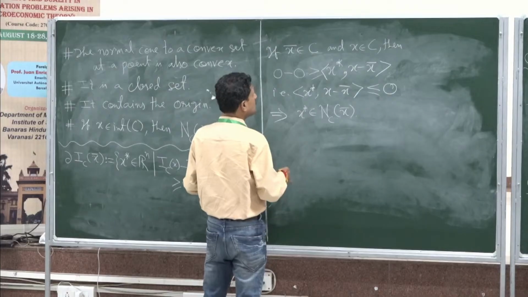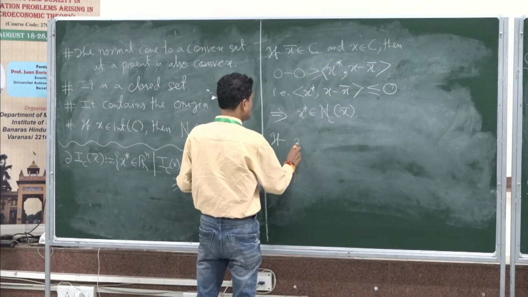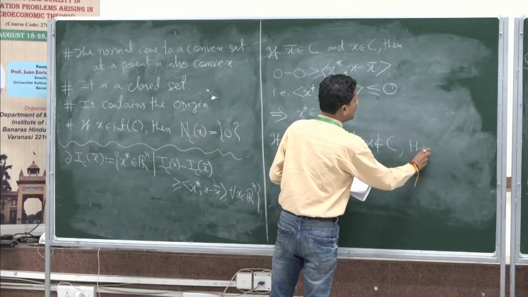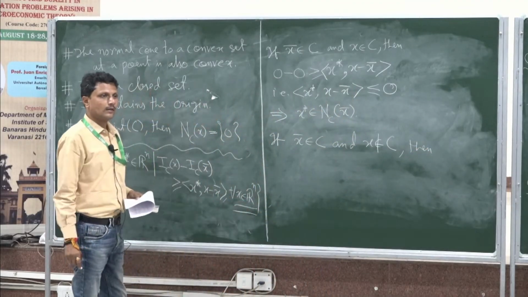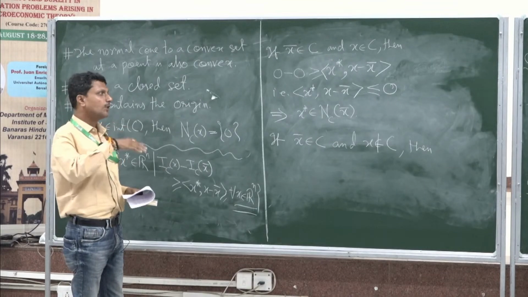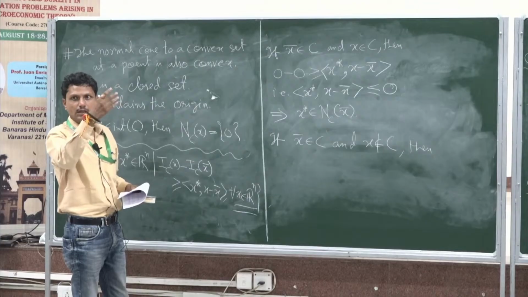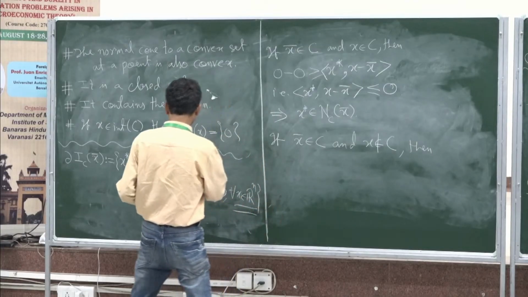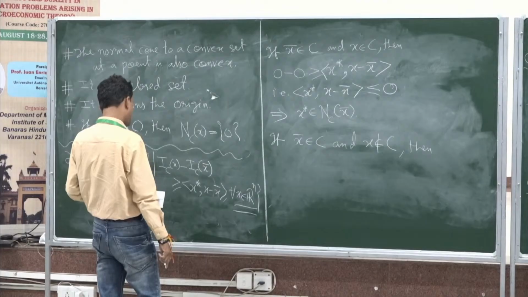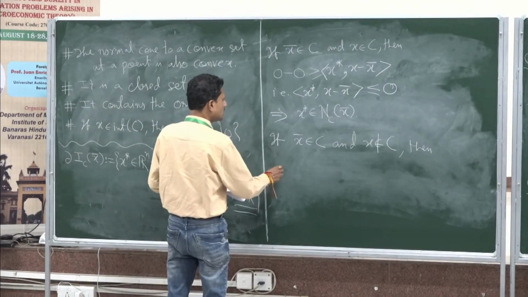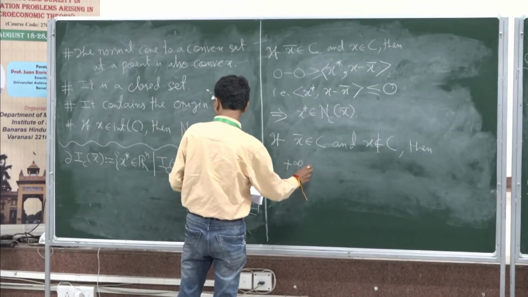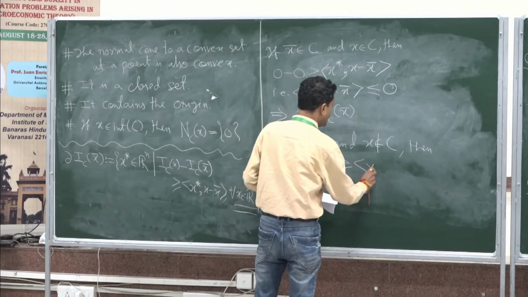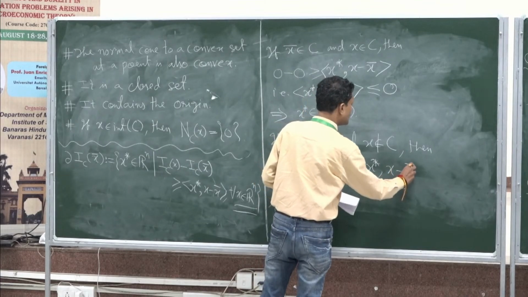Now if x does not belong to C, then what will happen? If x bar belongs to C and x does not belong to C, we need the condition for every x in Rn, so we have divided Rn into two parts: one containing C and the other the space outside C. Then from this definition, the indicator function of C at x, with x outside C, will be plus infinity, and this is greater than or equal to x star, x minus x bar.